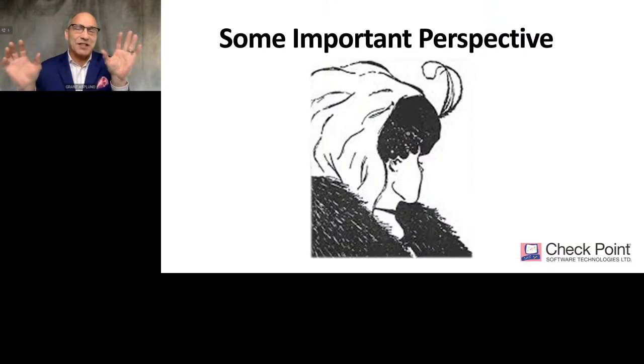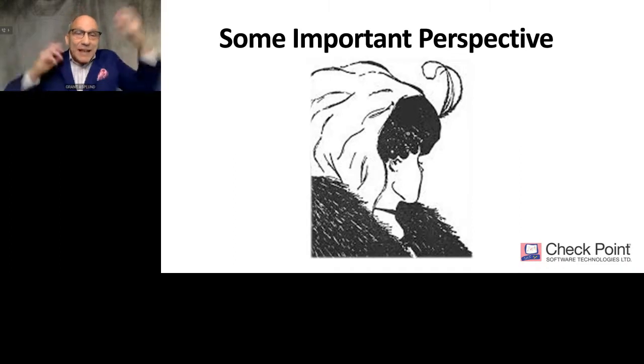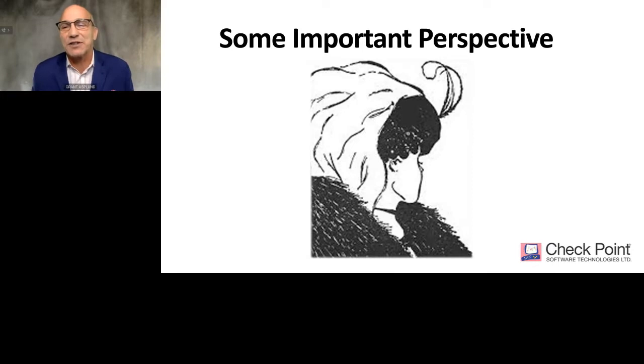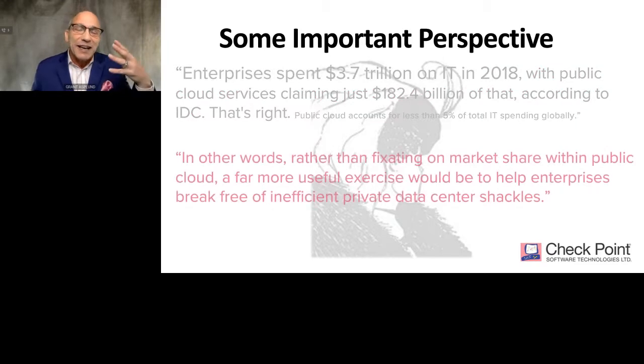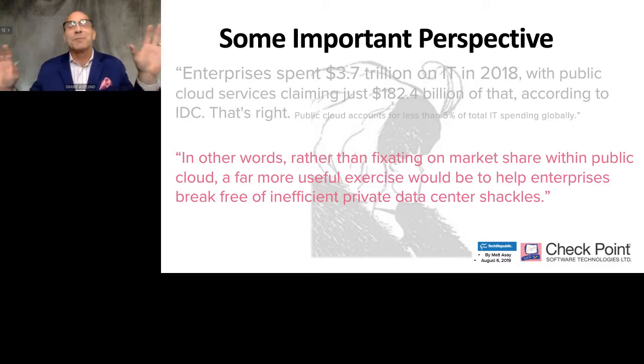But I really want to shift the perspective, despite the note Paul had mentioned that the current spending has eclipsed infrastructure. The fact of the matter is this year, we're going to spend about $4 trillion, and this data may be skewed a little bit because of the current situation. But what I really think is important is we need to remember that this is a phenomenal, exciting compute environment that really offers unprecedented capabilities and agility.